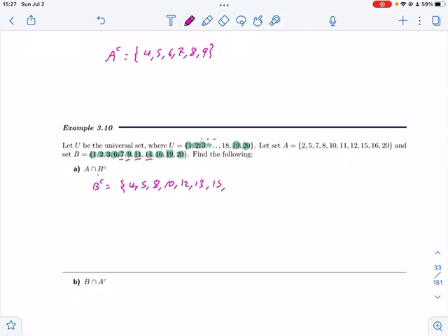This is the complement of B. The complement of B are the elements that belong to the universal set but do not belong to the set B. Now we want to find A intersect B complement.